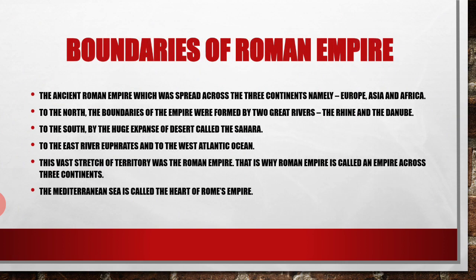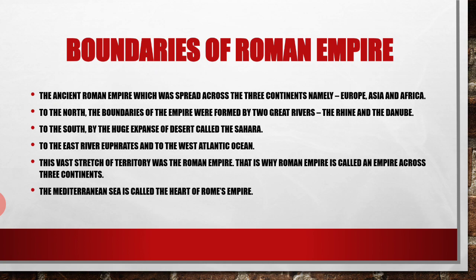Now, the boundaries of the Roman Empire. The ancient Roman Empire was spread across three continents, namely Europe, Asia, and Africa. To the north, the boundaries of the empire were formed by two great rivers, the Rhine and Danube. To the south, by the huge expanse of desert called the Sahara.